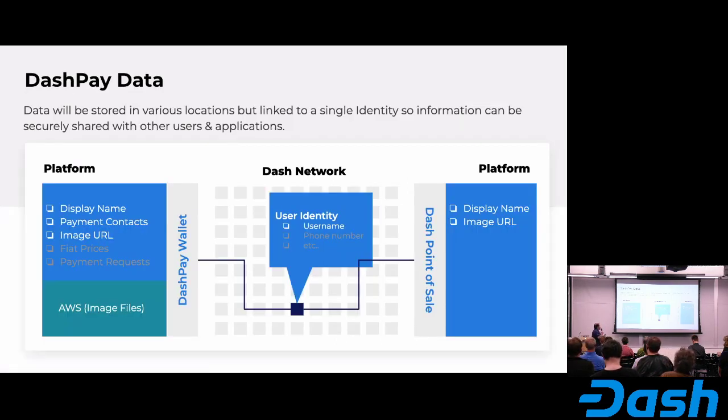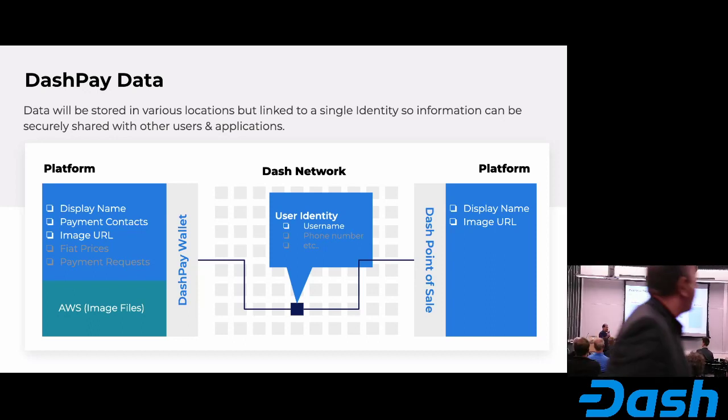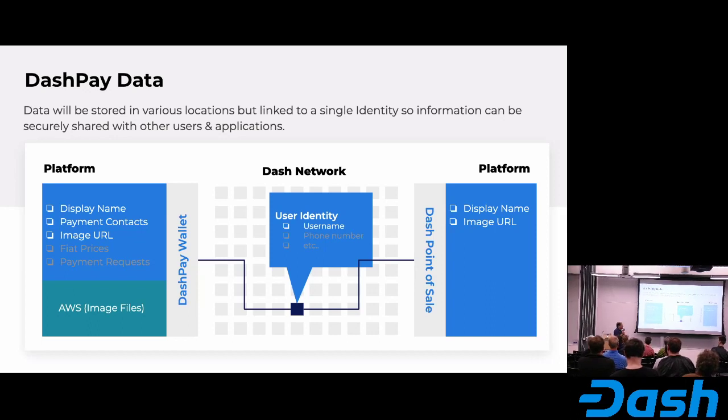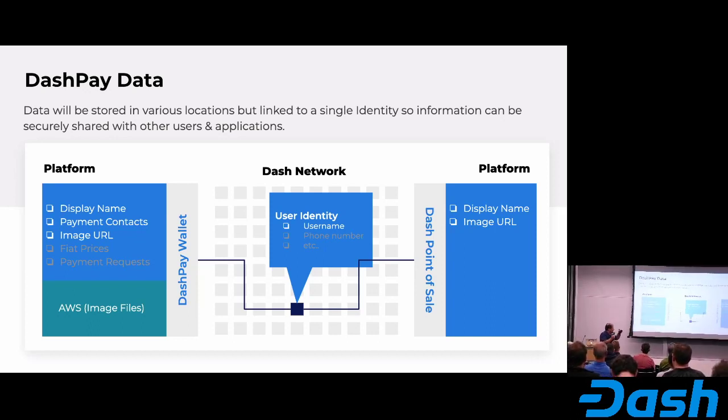The data for DashPay is stored in different areas. It's all tied to this identity, which we'll hear more about on the platform. So we can share info between not only Dash Wallet users, but also other applications on the network. That identity is very basic at first. It's just a username. On the DashPay Wallet side, if you don't want your username to be displayed as prominently, you can set a regular display name.